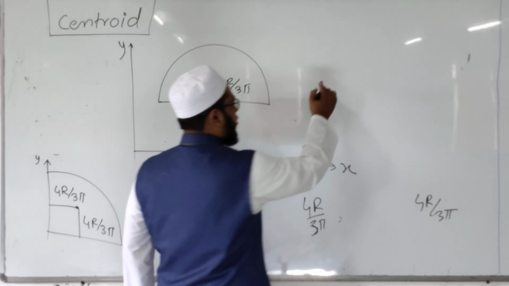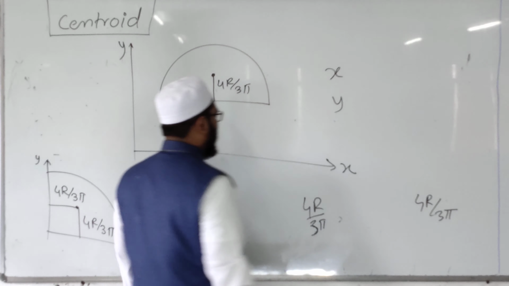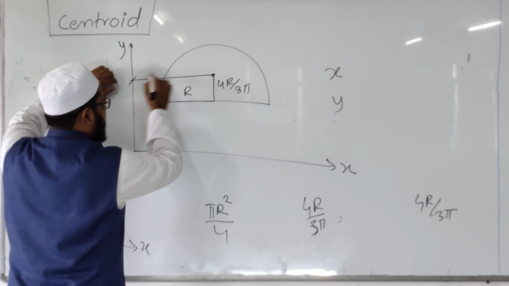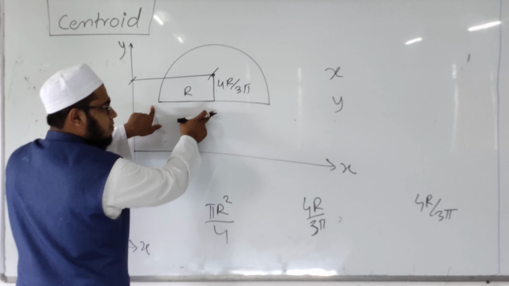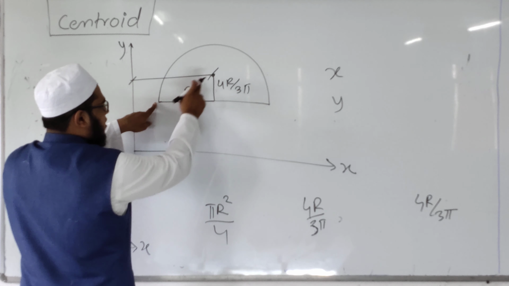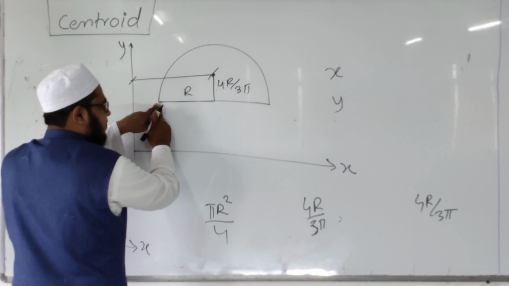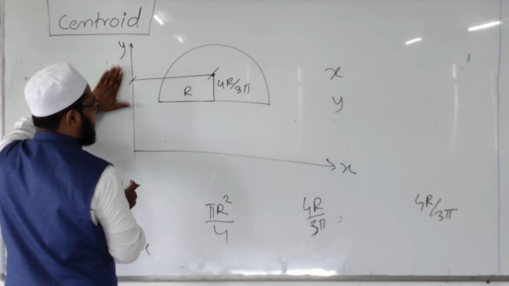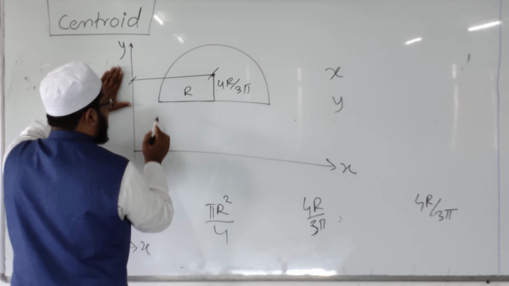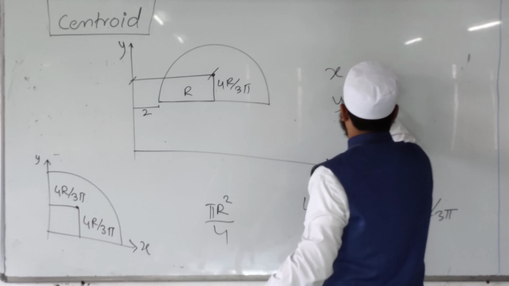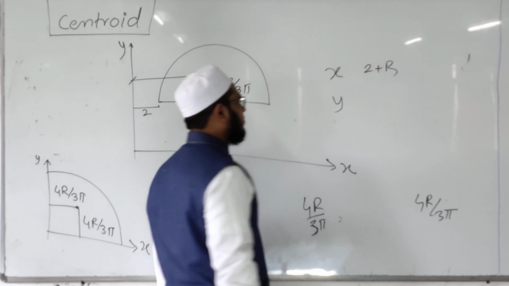If x and y coordinates are required, then x is the distance measured from y axis, so I will measure this distance. I will not write only r, because r is the position if the axis is lying at this point. But the axis position is shifted, that's why we have to consider this length also. If it is 2, then the x coordinate will be 2 plus r.